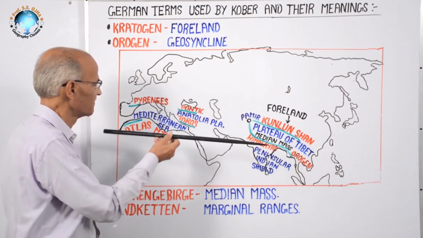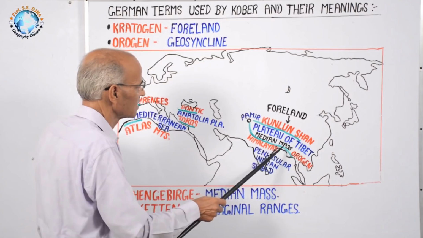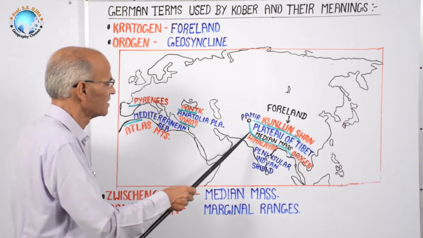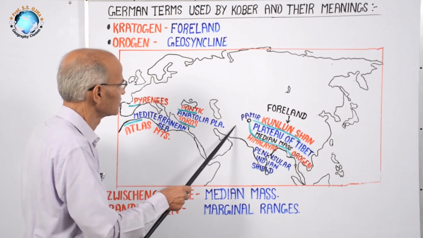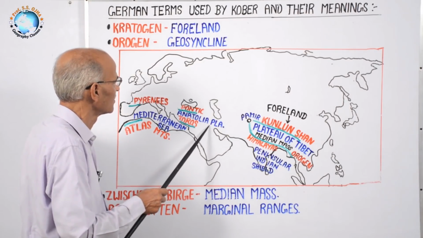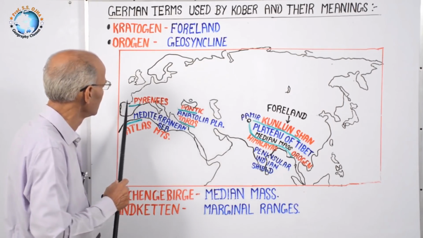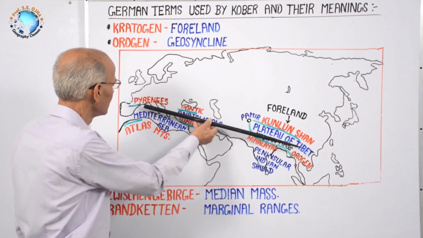You might know that out of the Tethys ocean or Tethys geosyncline, the Himalayan range has emerged, and the westward extension of the Himalayas is Hindu Kush, and then Elburz, Zagros, Pontic, Taurus, and Pyrenees. These are found in a continuous chain.